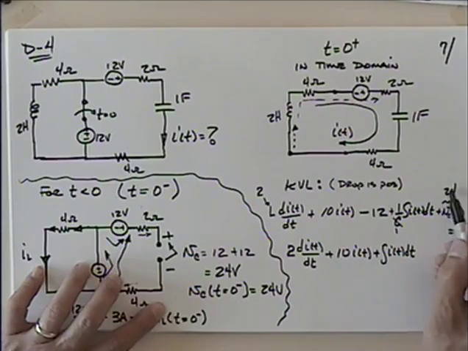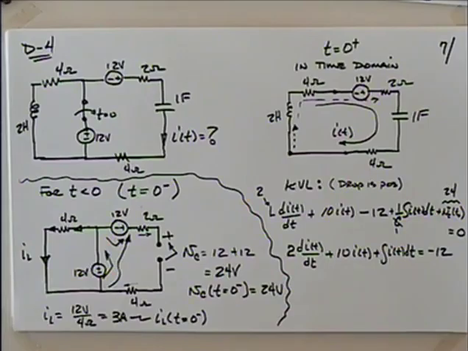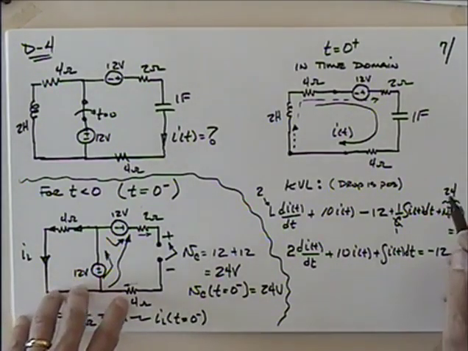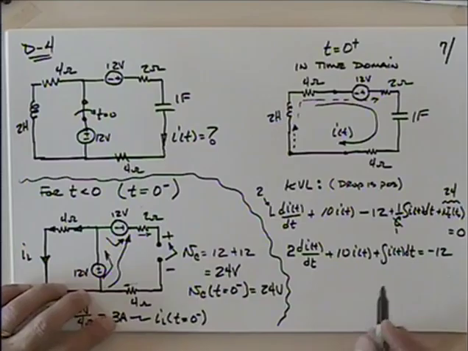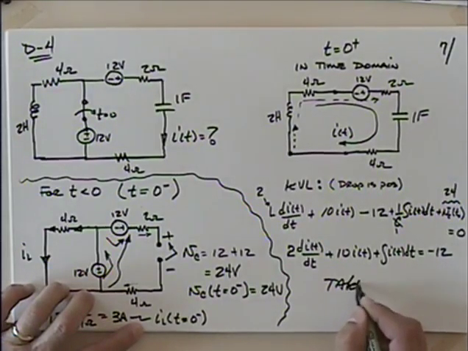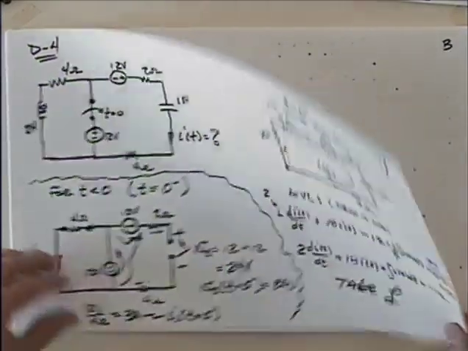And I have 24 here. When I move it to the other side, I get negative 24. I have a minus 12. I move it to the other side, I get positive 12. So what am I left with on the right-hand side? Negative 12? Yeah. Okay. Because this minus 24 goes over as negative. That negative 12 goes over as positive. So I'm left with minus 12. So I'm ready to tackle this thing. I need to take the Laplace transform of it, right? So let's do that.